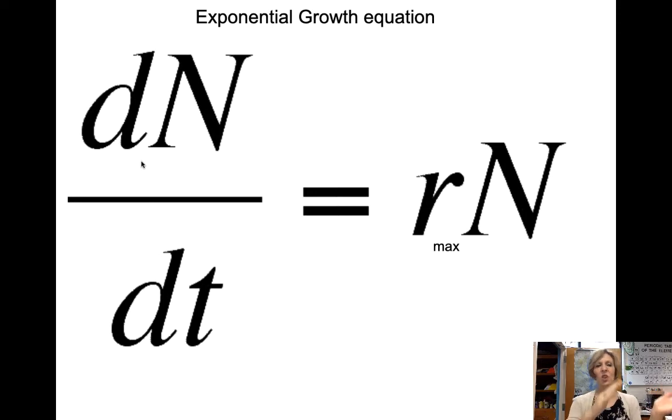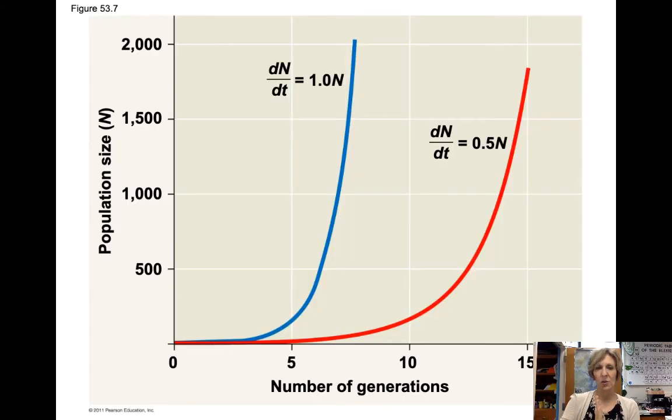This is the change in the population over the change in time is equal to this rate, the growth rate, times the population. So that's going to give me the curve in an exponential growth. Okay, so this is the equation for exponential growth.